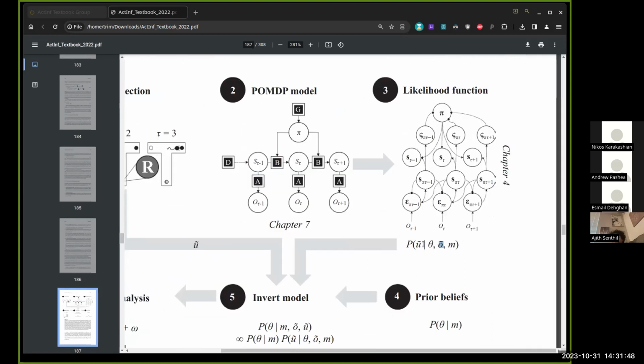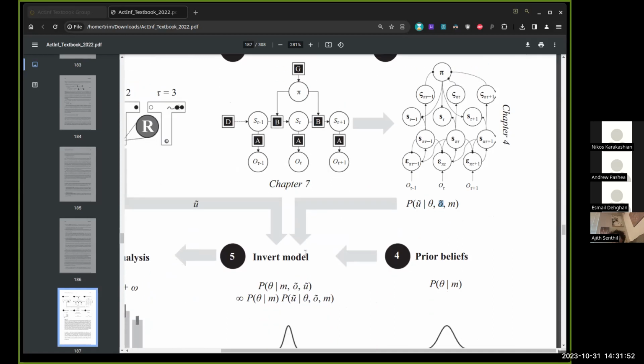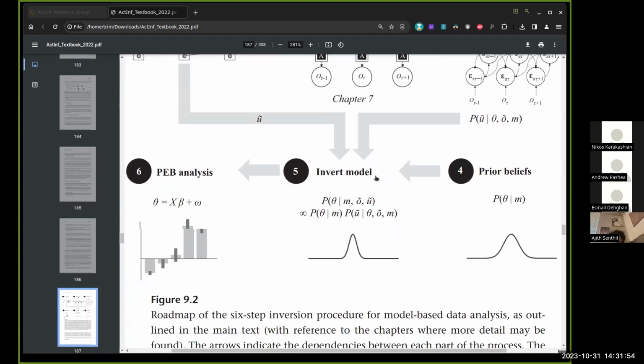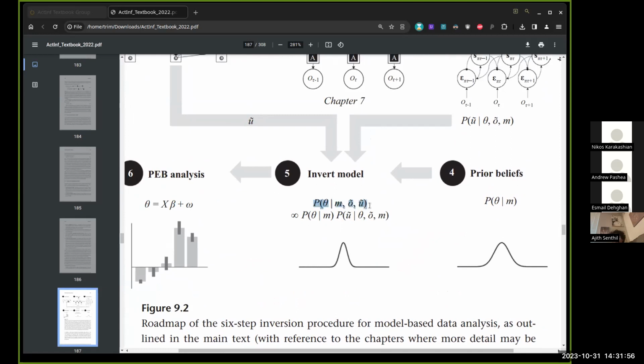And then we invert that, and that's now happening on the scientist's side. So we're going to invert so that we can recover the parameters, big theta, conditioned upon the model, the observations of the subject, and the action of the subject.